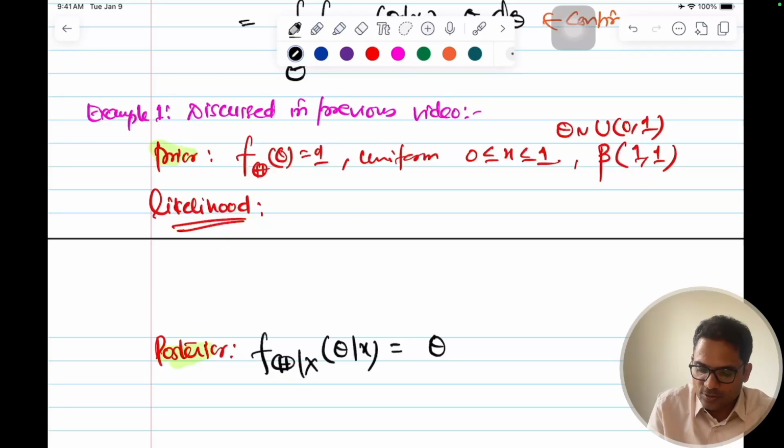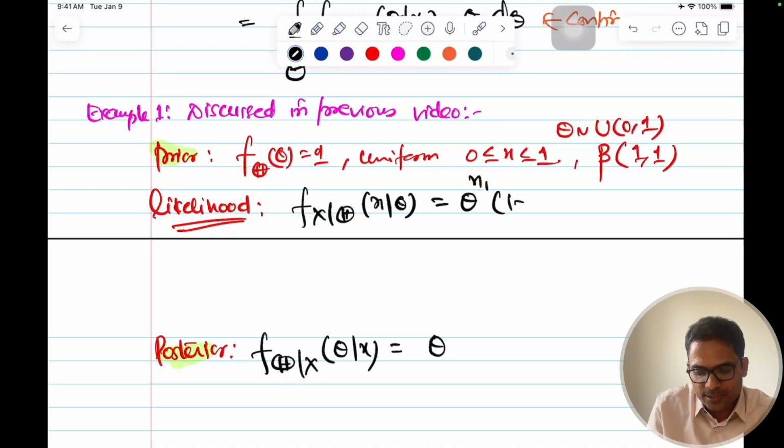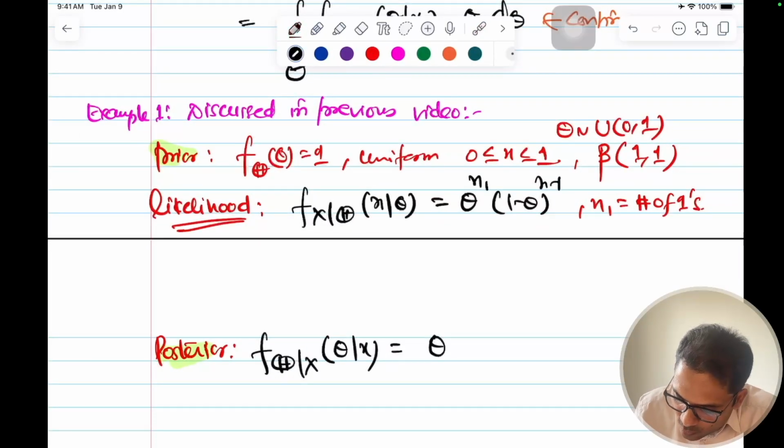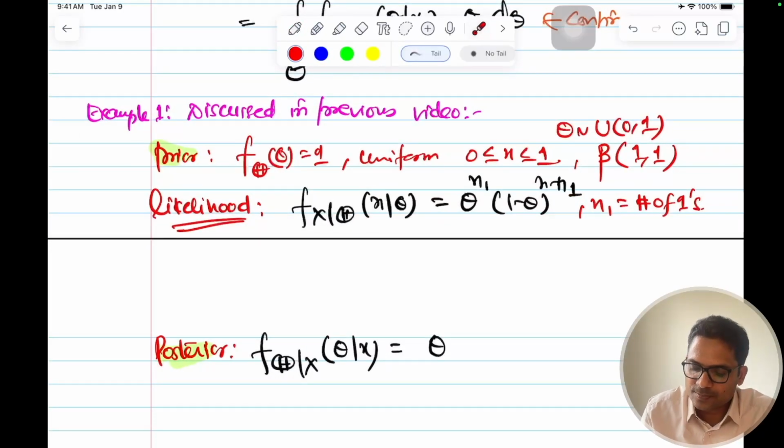So the likelihood f of x given theta was equal to theta to the power n1 times 1 minus theta to the power n minus n1, where n1 is the number of ones in n trials, and n minus n1 gives me the number of zeros.